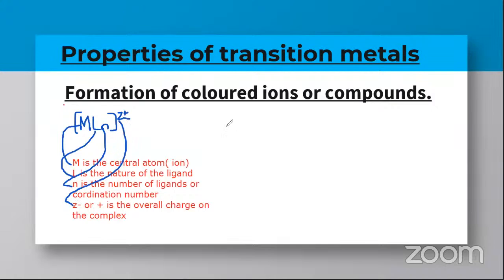So take an example of the copper that we had, copper 2 ions, which are hydrated, 2 plus. In this case, the copper is the central atom or the central ion.